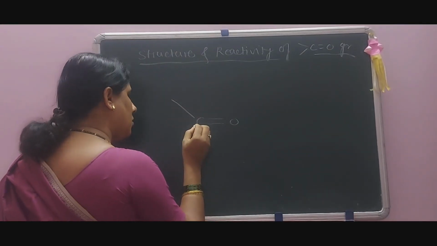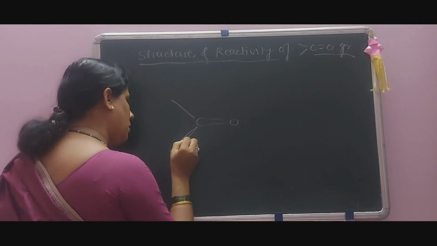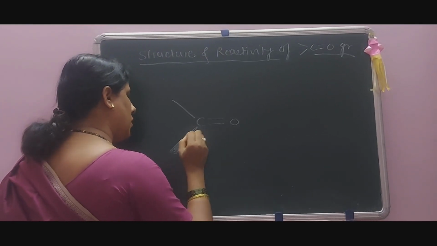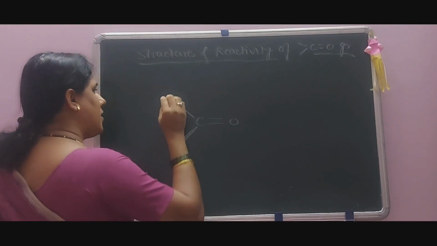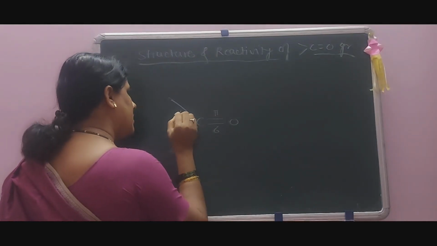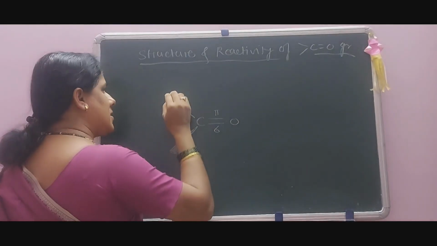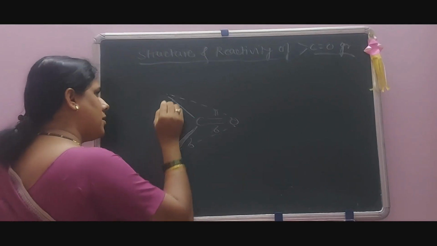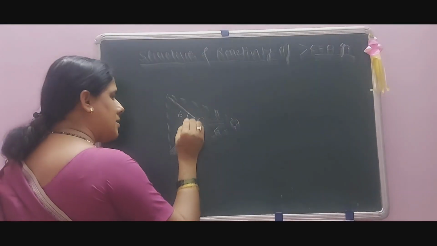This is one alkyl group, and this is also one alkyl group. We can show here a dotted wedge bond, here also one bond. This is a sigma, this is a pi, this is a sigma, this is also a sigma. Therefore, you can join the corners in this fashion. And thus, what is this bond angle?